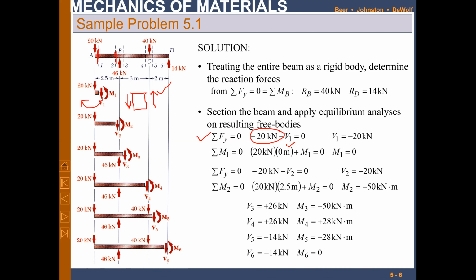So when we go for M2, section 2, what we will do now, it will remain the same, right? It will remain the same, minus 20, because we know that at any part if no load is available it will remain constant. So at V1 it is minus 20, at V2 again it is minus 20, right?